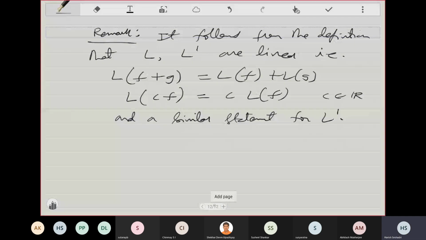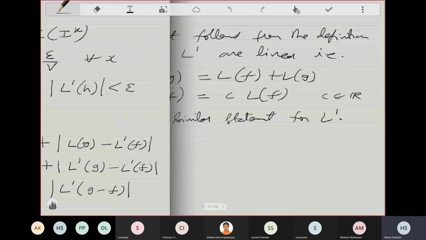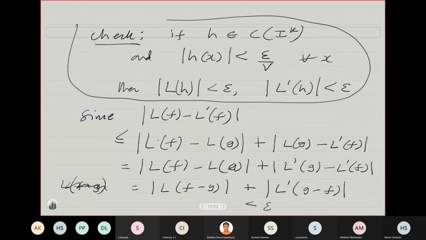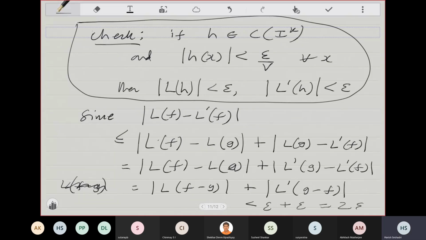So I won't prove this. That has been used in the last step here. Now, to complete the proof, we already see that L of f minus g is less than epsilon because of this check. And so the whole thing will be 2 epsilon.